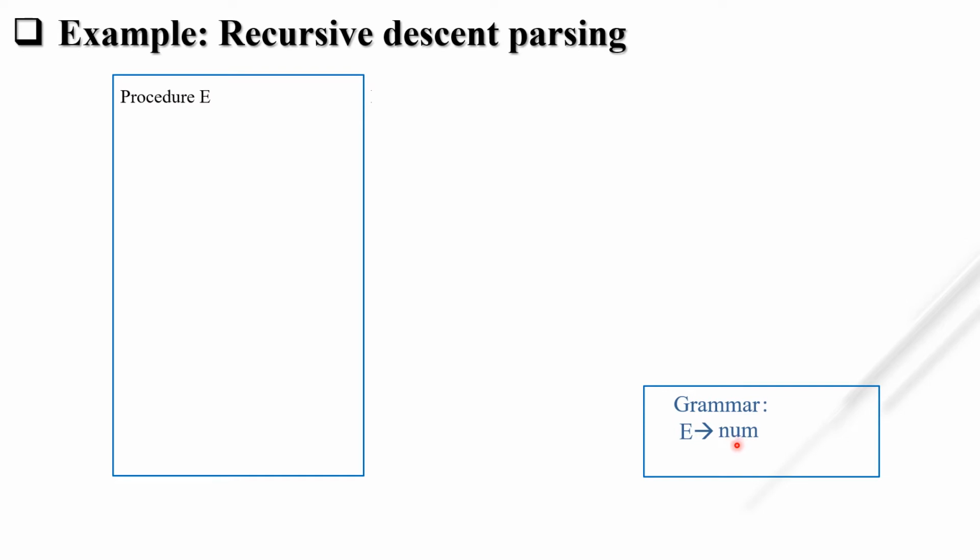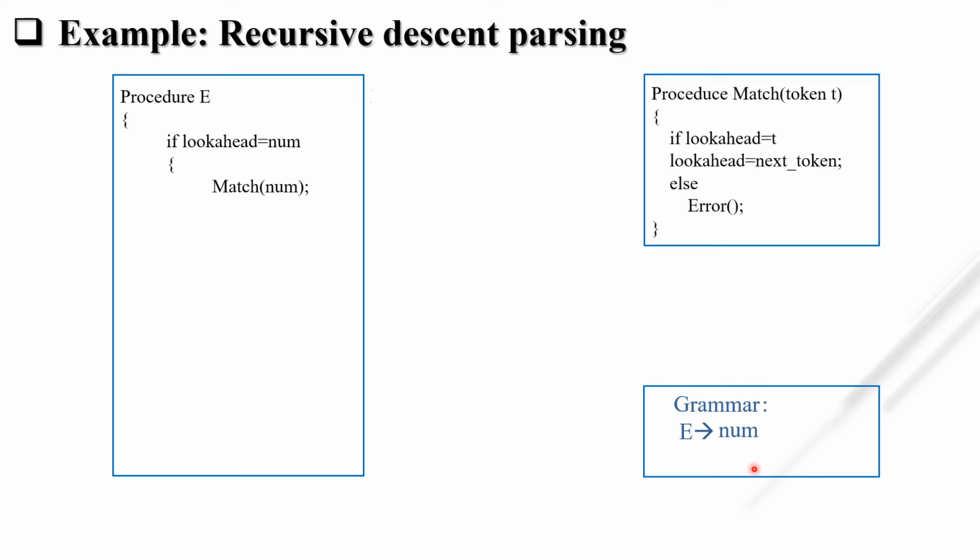So if we have any terminal symbol, then we have to write if lookahead equal to that terminal symbol name. Suppose I have alphabets as a terminal symbol, ALP for alphabets, then we have to write if lookahead equal to ALP. Now, if we have any terminal on the right hand side, then we write if lookahead equal to num, then we call the match procedure with the argument num.